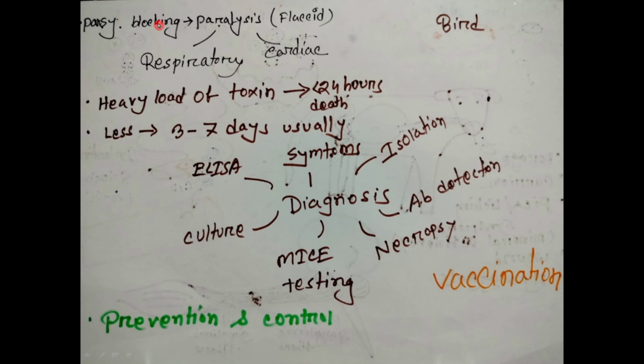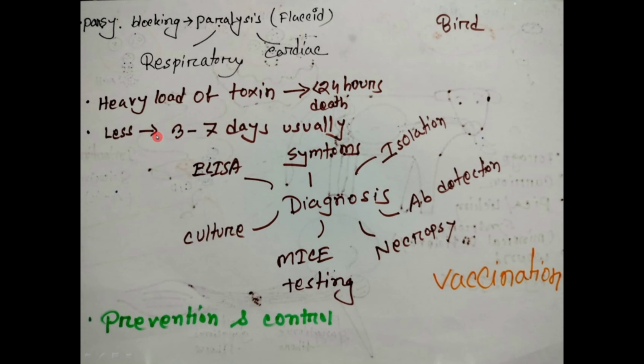If the respiratory muscles are not working, there is paralysis, so there will be respiratory failure. If the cardiac muscle is not pumping due to flaccid paralysis, the cardiac muscle will not work, and your total circulatory system will stop. These are the things responsible for the death of the animal.